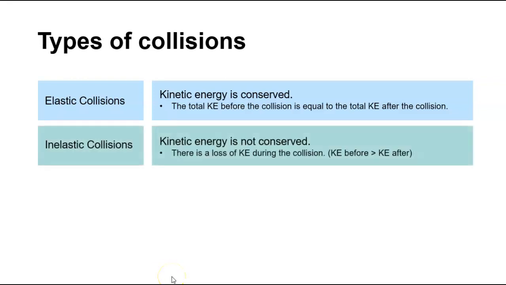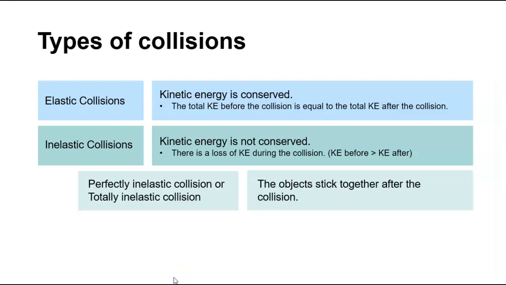A collision is called an inelastic collision if kinetic energy is not conserved, which implies there is a loss of kinetic energy during the collision. Then there's a special type of inelastic collision called a perfectly inelastic collision, or a totally inelastic collision. Those collisions can be identified because the objects stick together after the collision.